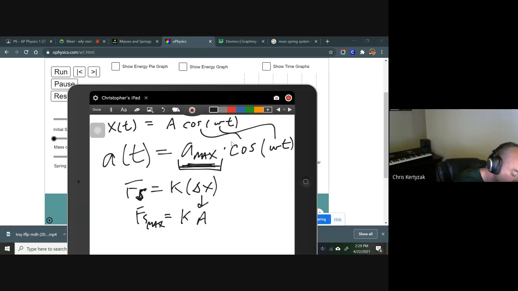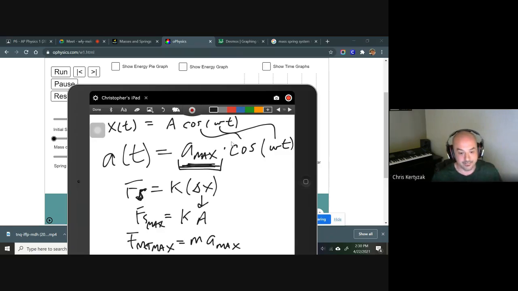And technically, I also know that F net equals m a, right? I'm sorry, let me write it underneath. F net max is equal to m times the maximum acceleration.